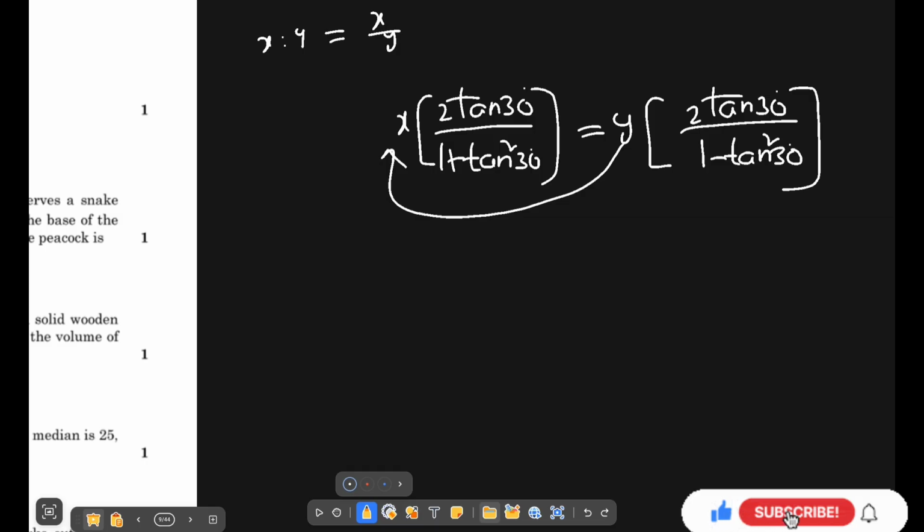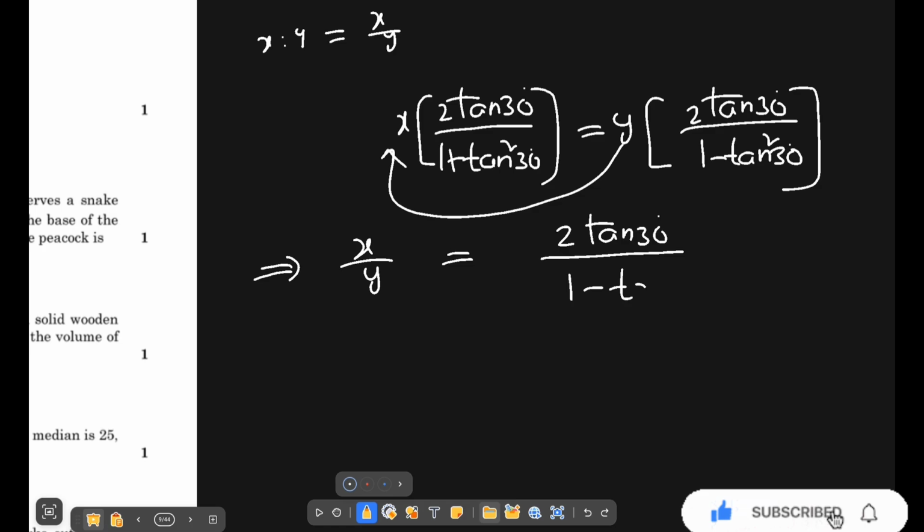Now what does it become? Let's bring x, y to the left side. It becomes x by y. Now on the right side we have 2 tan 30 degrees by 1 minus tan square 30 degrees.